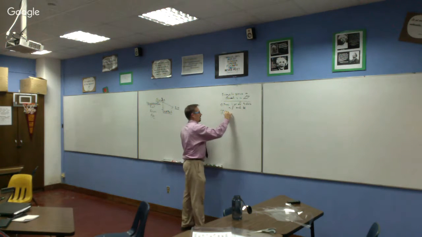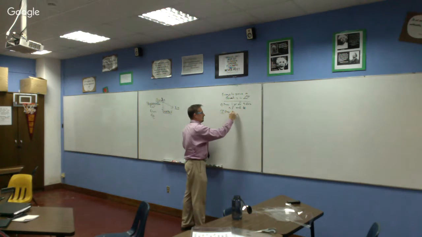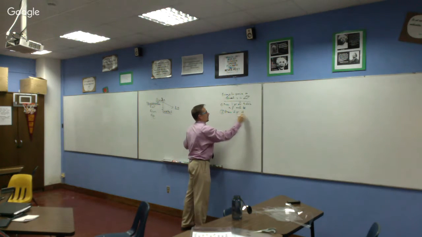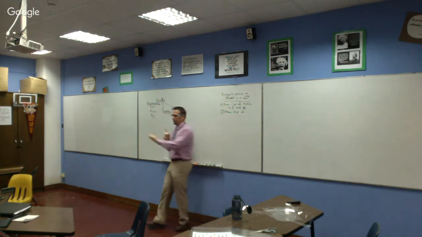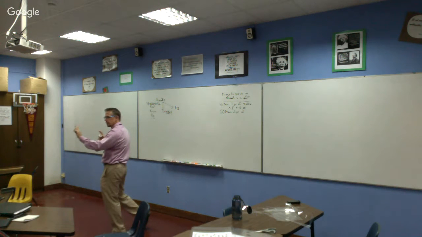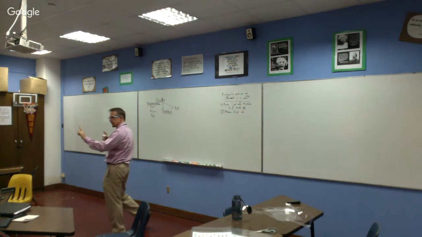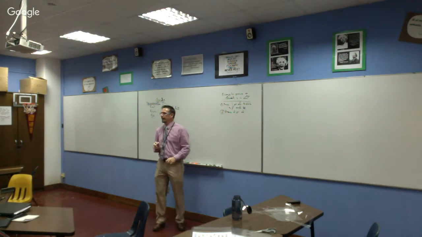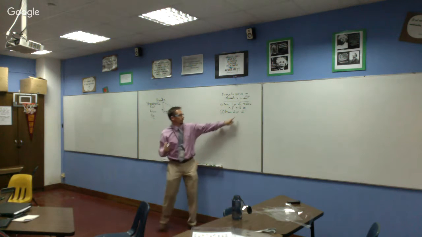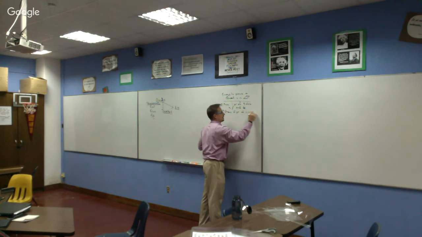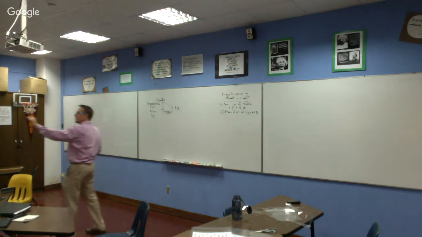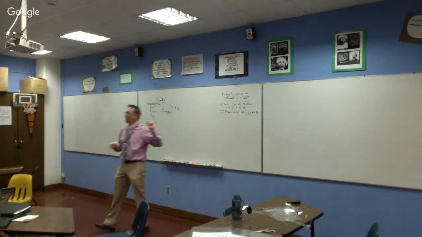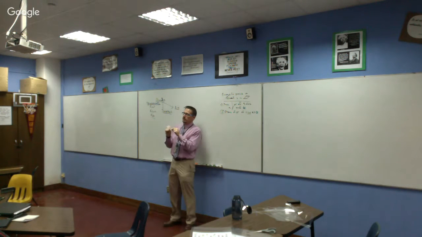Prove that two pairs of consecutive angles are supplementary. I know where you're going with that. If we prove a pair of consecutive angles are supplementary. Prove both pairs of opposite angles are congruent. Now, let me go back to that one, because that is a possibility. What happens if I prove that consecutive angles are supplementary?